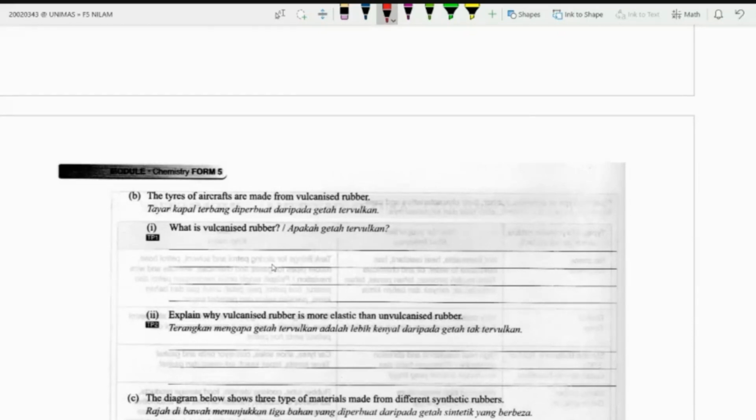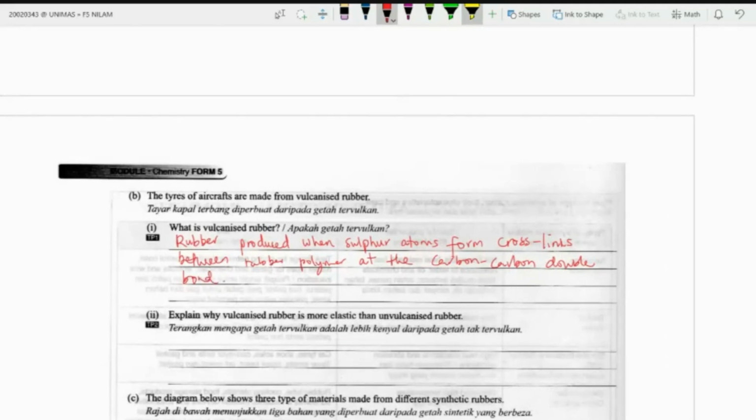So rubber produced when sulfur atoms form cross links between rubber polymers at the carbon double bond.